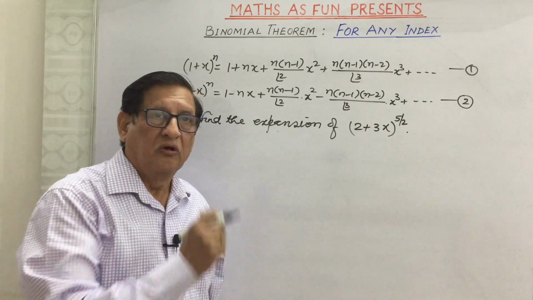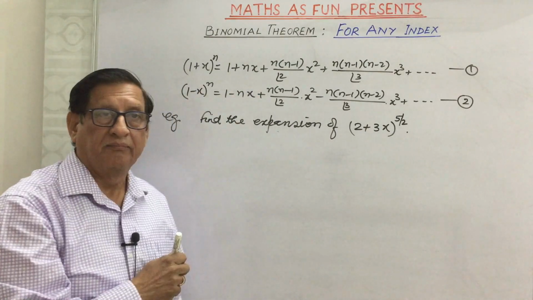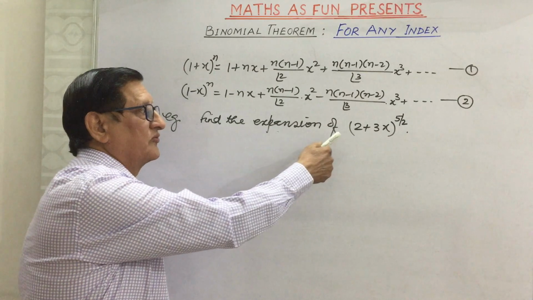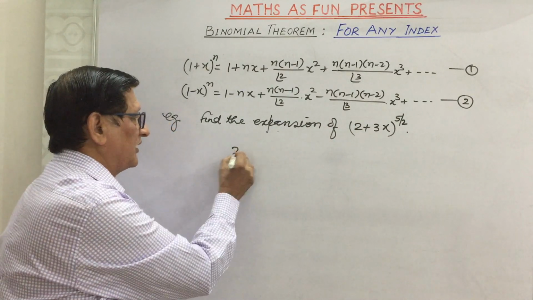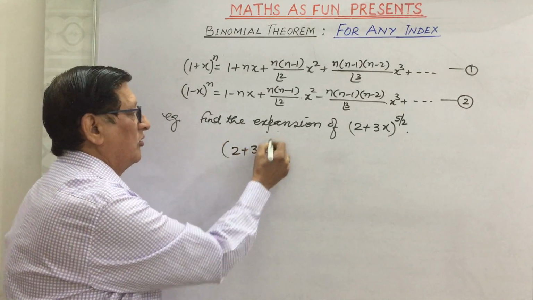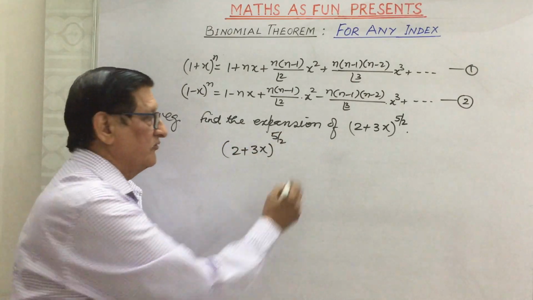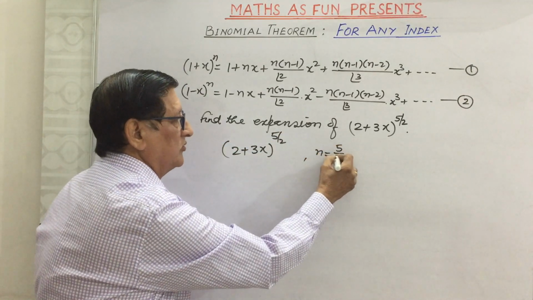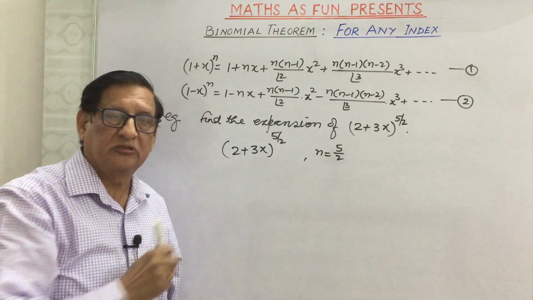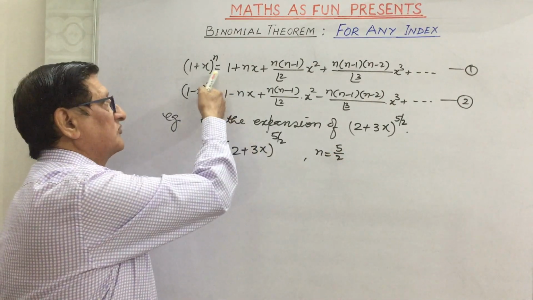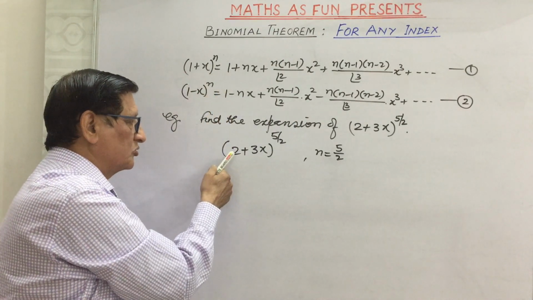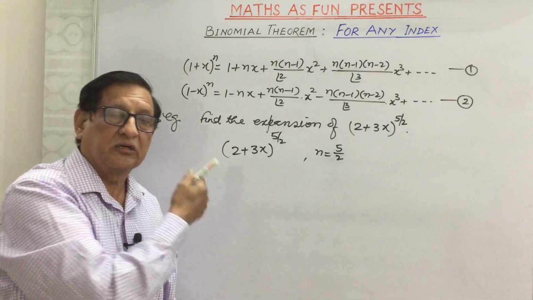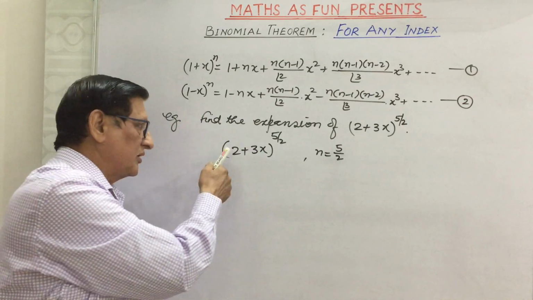We now discuss one example based on the same: find the expansion of (2 + 3x)^(5/2). Here we find that n is 5/2, which is not a positive integer, so we can use this form. To convert it into this form, this 2 should not be here, so we can take 2 common and make it 1.